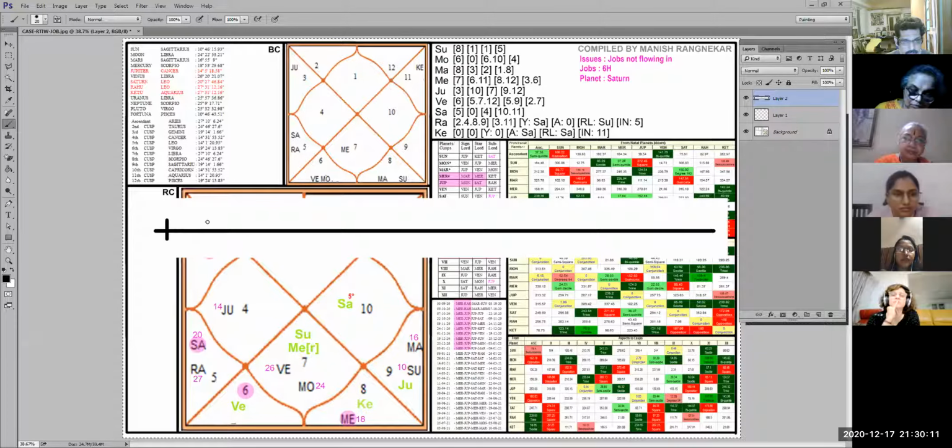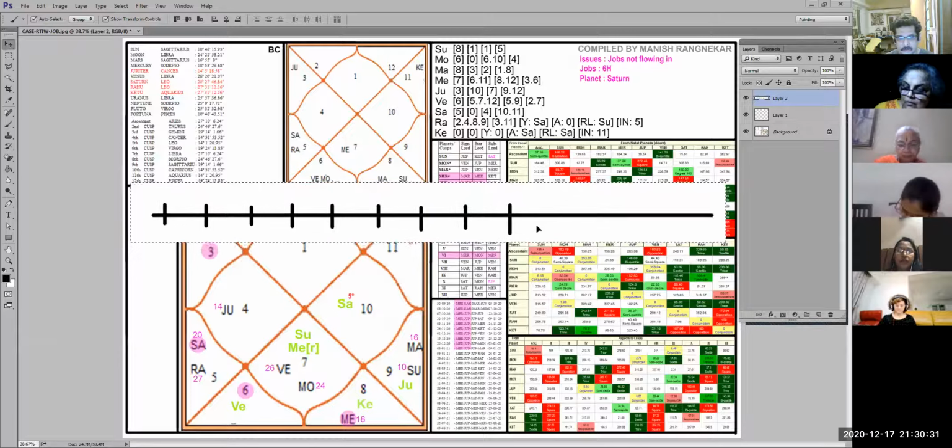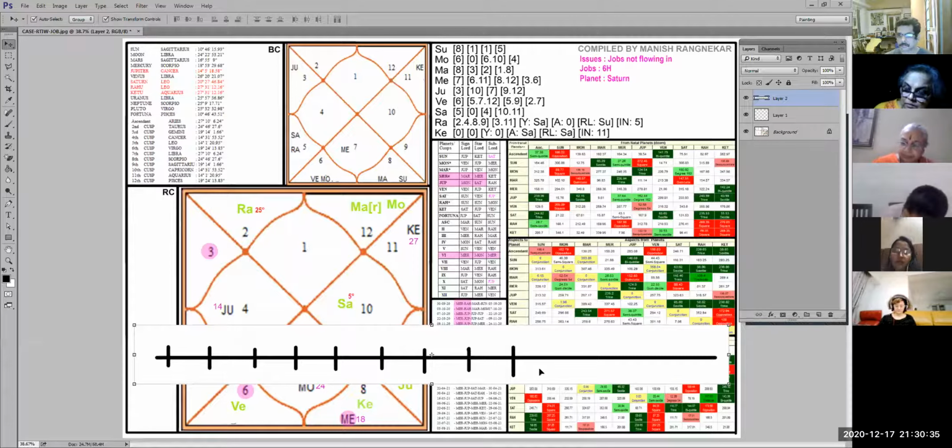So 1, 2, 3, 4, 5, 6, 7, 8, 9. Just making it a pink color so that you all can see that. Okay, have we done that?